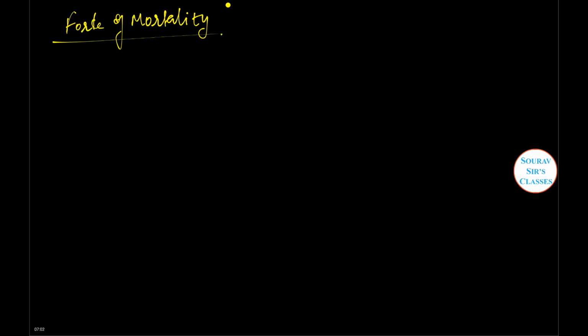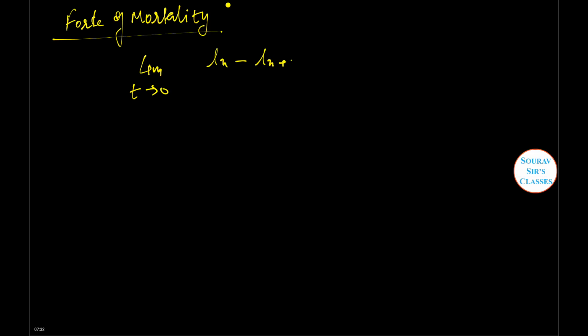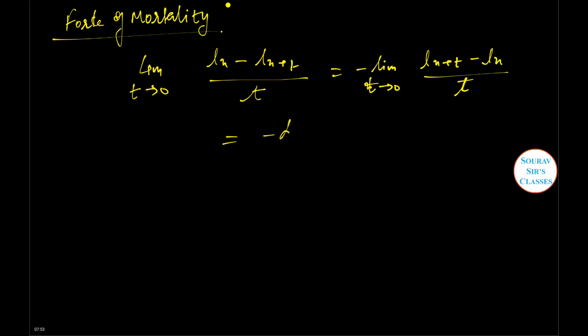So far we have confined ourselves to the values of Lx for integral values of x, but since death occurs at all the ages and at every fraction of time of the year, Lx is a continuous function of x, and at any age x the rate of decrease in Lx is given by the expression limit t tends to 0 of Lx minus Lx plus t divided by t, which is further equal to negative of limit t tends to 0 of Lx plus t minus Lx divided by t, which is equal to del Lx by del x, where del Lx by del x is the differential coefficient of Lx with respect to x.